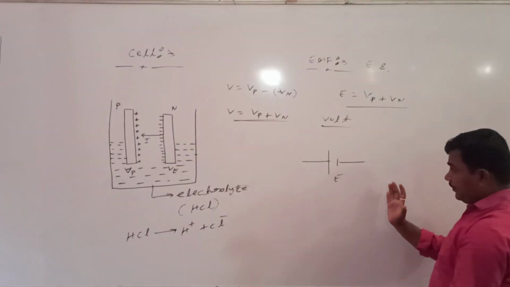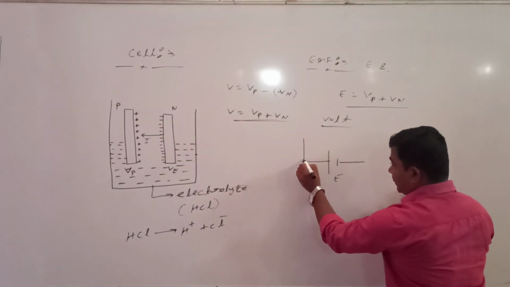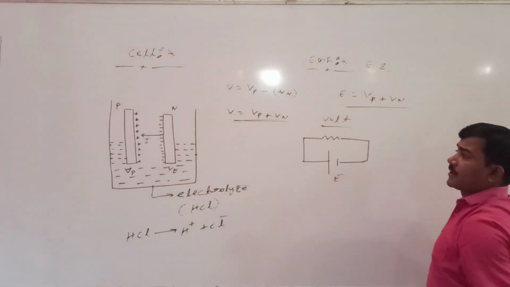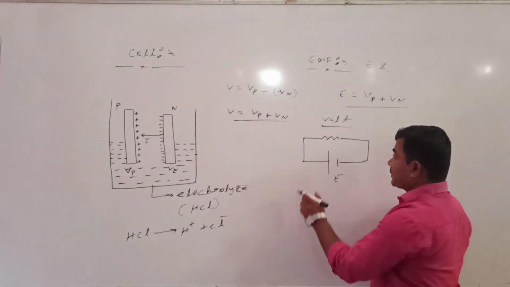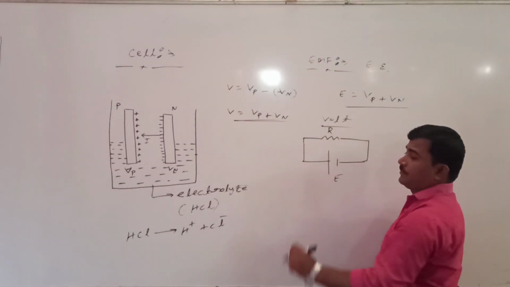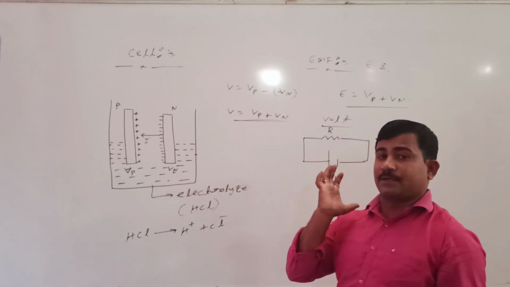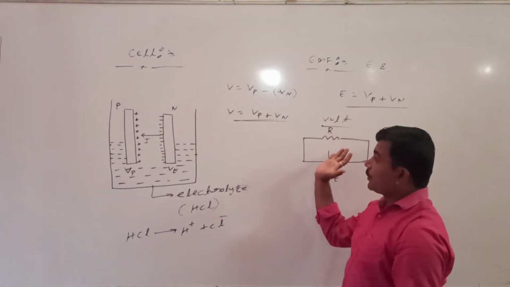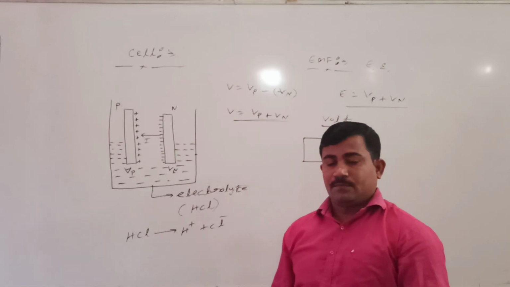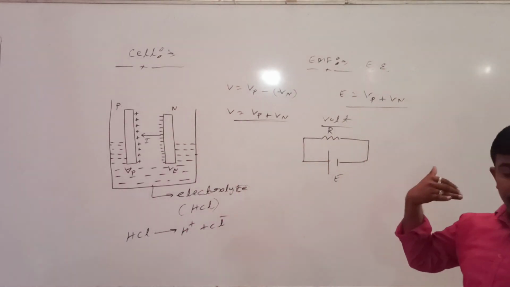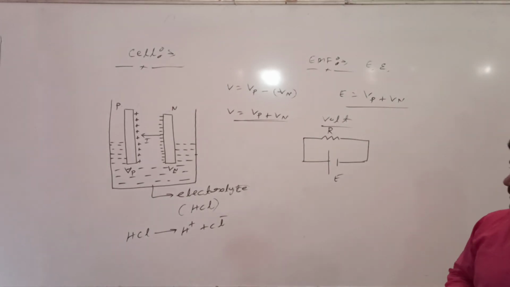When an external resistor of value R is connected to the cell, we define one more physical term that we call terminal potential difference. Let us see what terminal potential difference is.